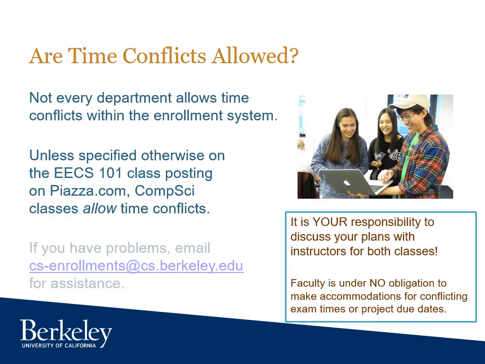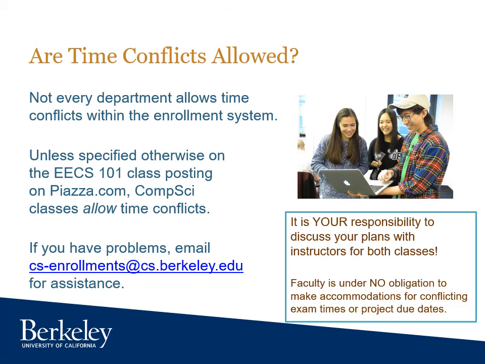And then the last note I have about this is that even though the system might be set to allow time conflicts, it seems like every semester I have a handful of students who may still have problems. The system kicks up a message that says there's a time conflict and they can't enroll.